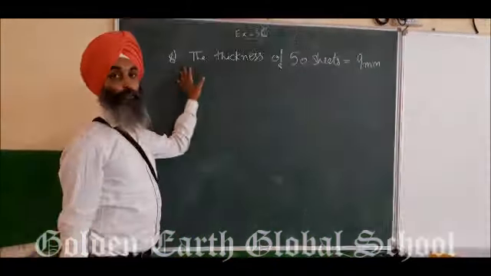Now in the 10th question, we have: how many medicine bottles, each containing 49 milliliter of medicine, can be filled from a bottle containing 1.127 liter of that medicine.